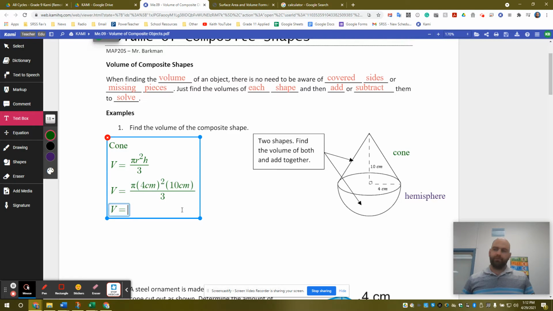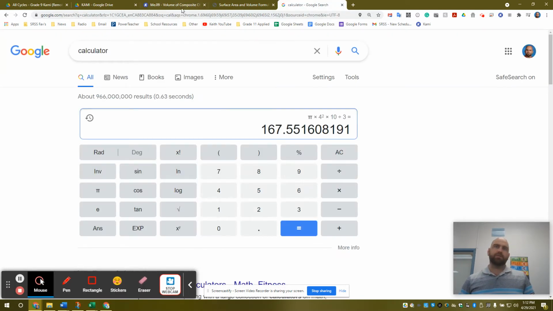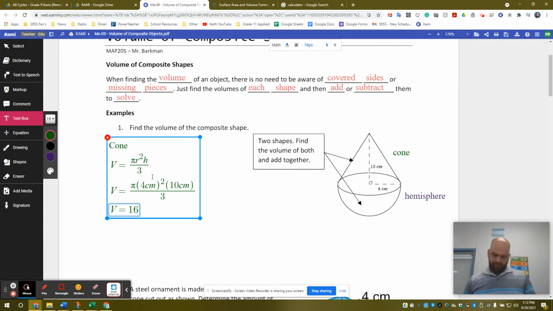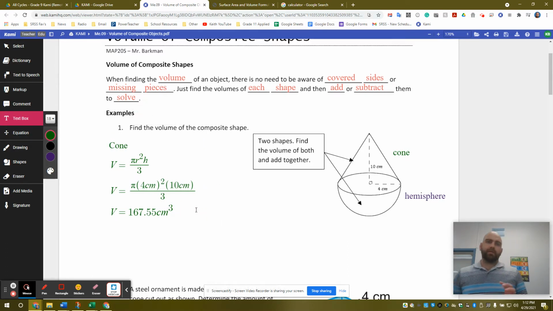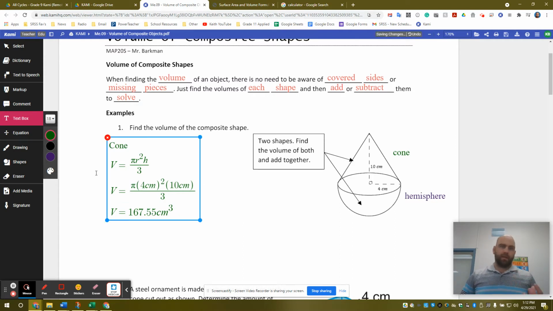We put in our volume there, 167.55 centimeters cubed. There's our cone. We just use our regular formula to find a cone.